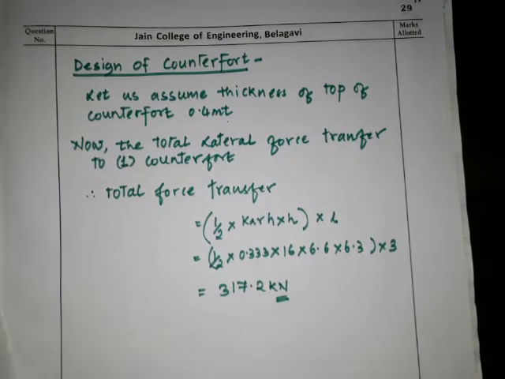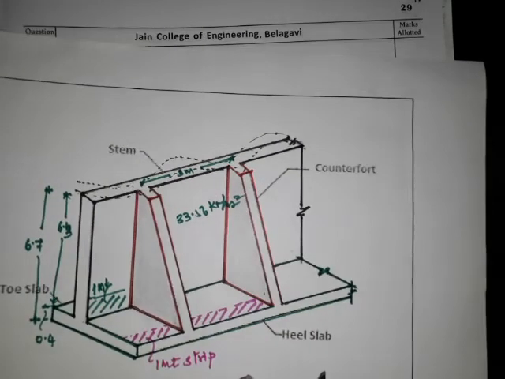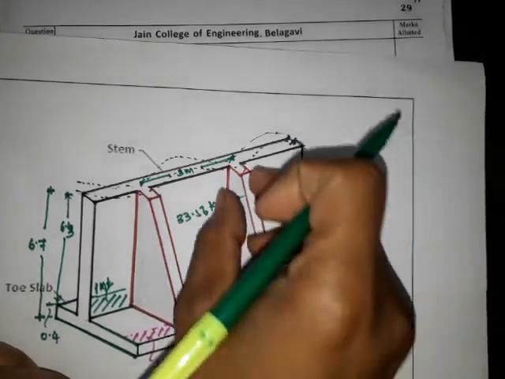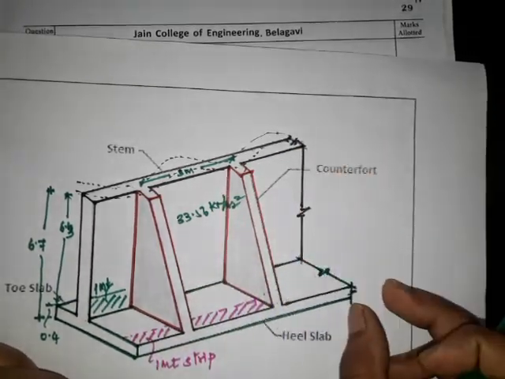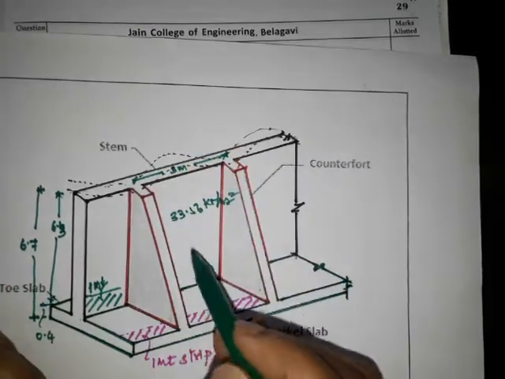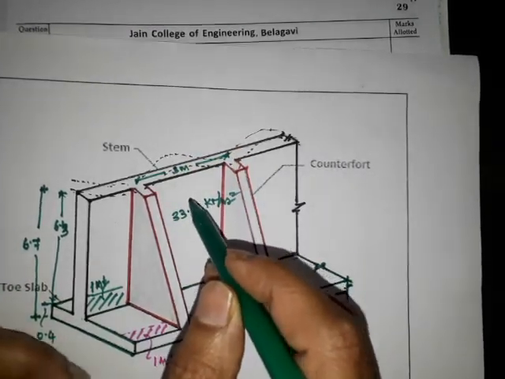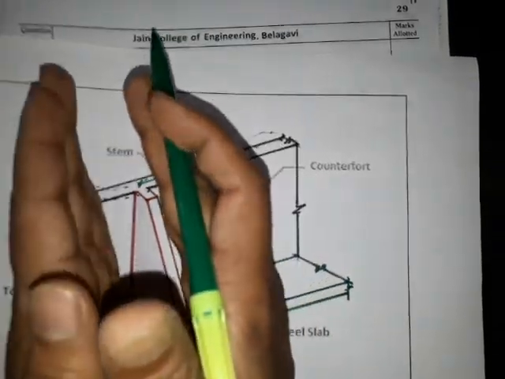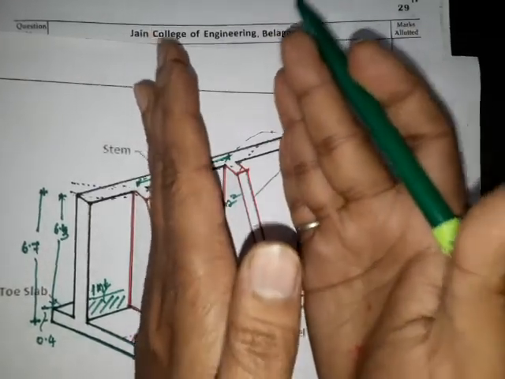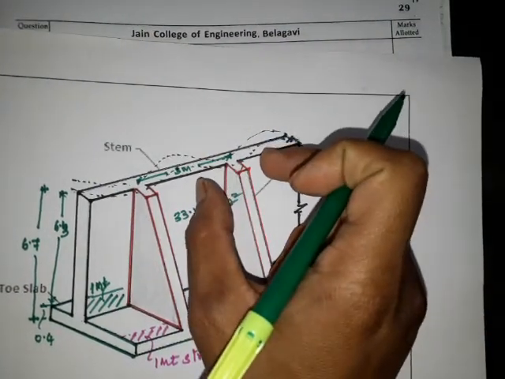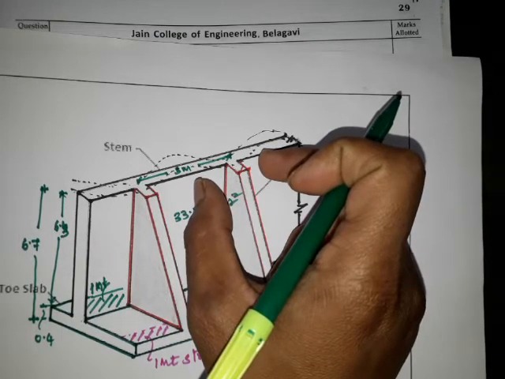So why is this L? Now see here. Here we have one counterfort, and here it may be another counterfort. The soil is acting like this, correct? The soil pressure will act over the counterfort like this. Understood? So we have to consider it as a T beam.